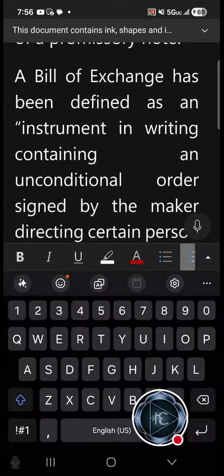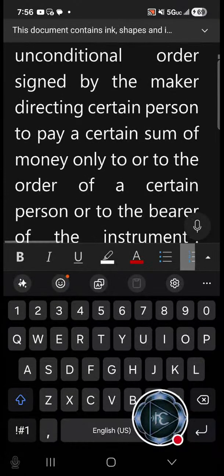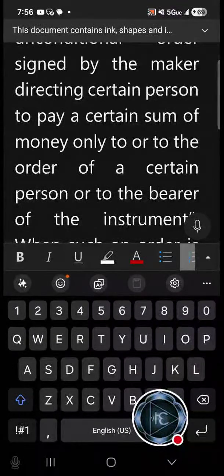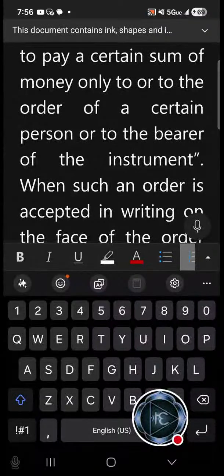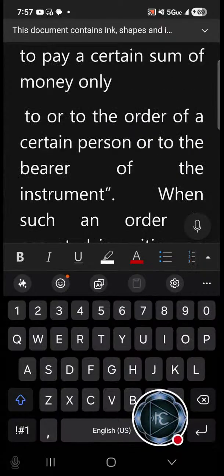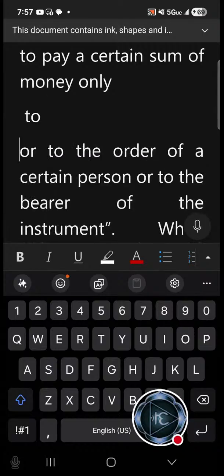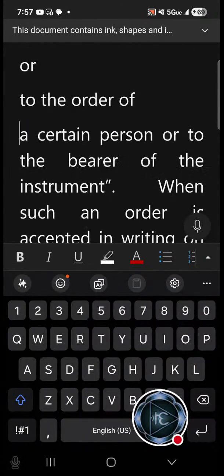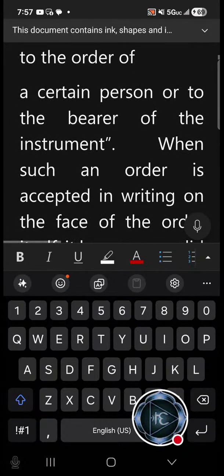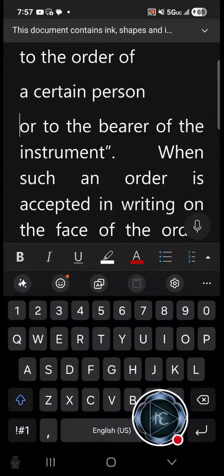It cannot be defined as an instrument in writing containing an unconditional order, signed by the maker, directing a certain person to pay a certain sum of money only to, or to the order of, a certain person, or to the bearer of the instrument.